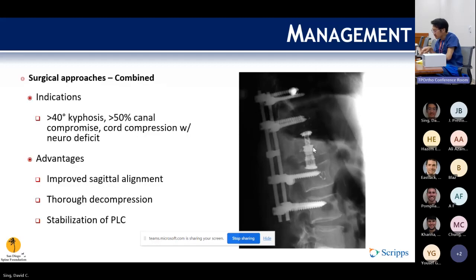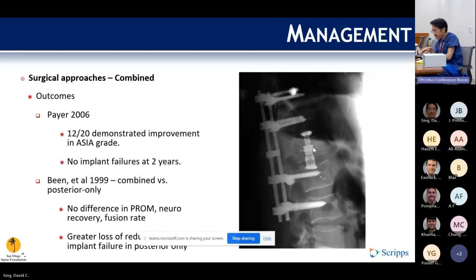But if it's rotationally or sagittally unstable, that's probably the safest bet to go with. In looking at these combined approaches, they're generally safe based on the series you look at. Posterior only may have some more collapse over time.